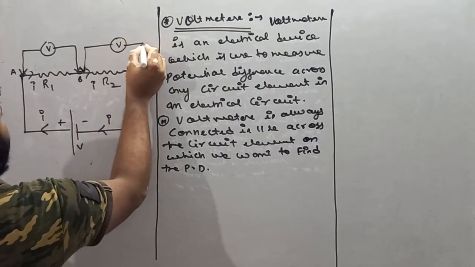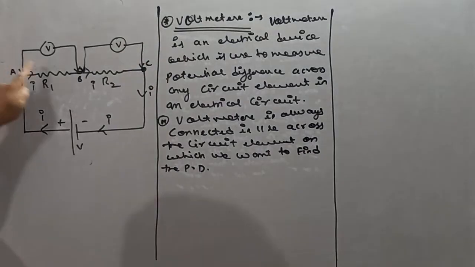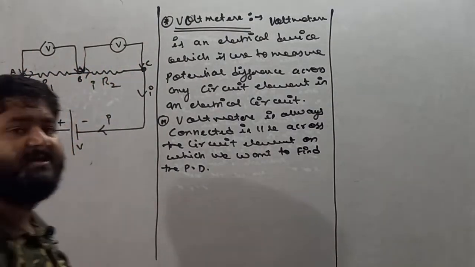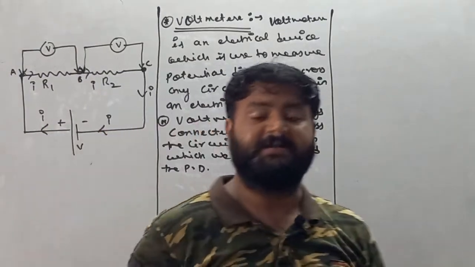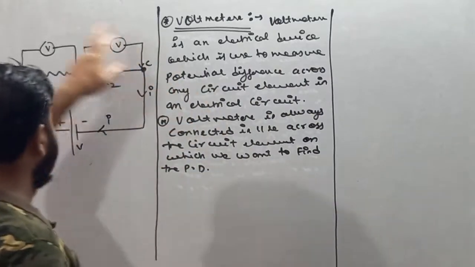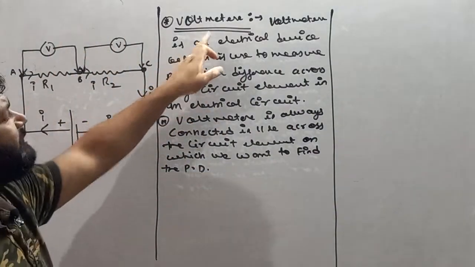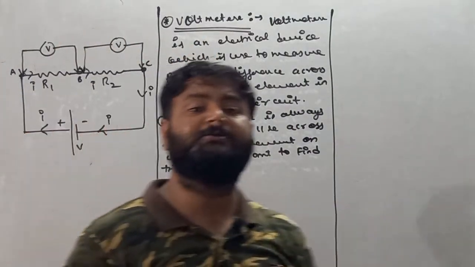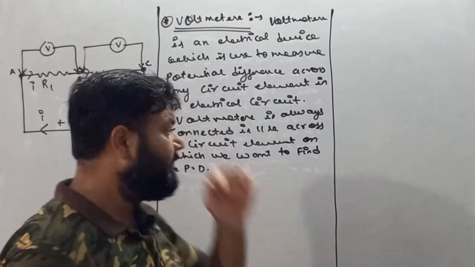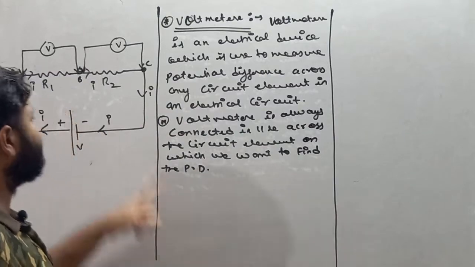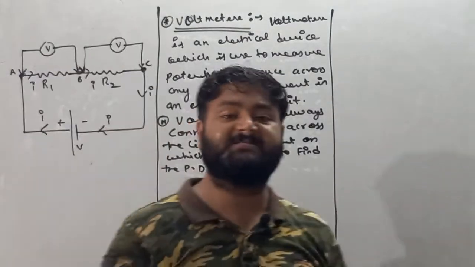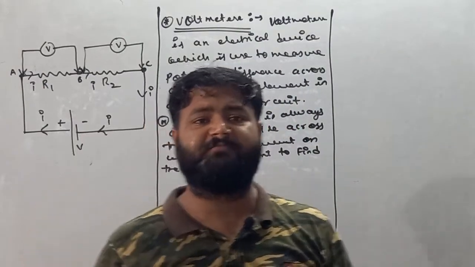A voltmeter can find the potential difference across a single circuit element. If you want to find the potential difference across the whole circuit, then the voltmeter is not capable of giving an accurate value. So this is basically the demerit of the voltmeter.